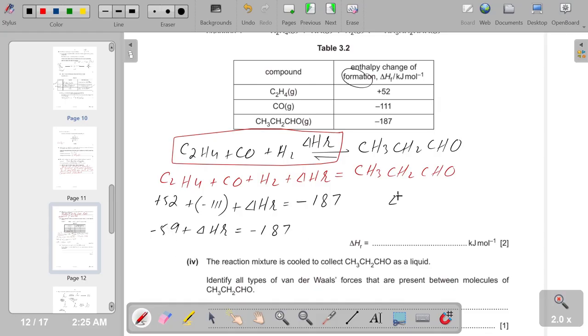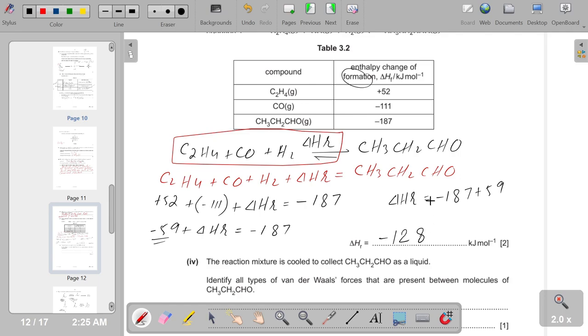So delta HR is minus 187 plus 59, and your delta HR will be equal to, you can check, minus 128. How simple it is.